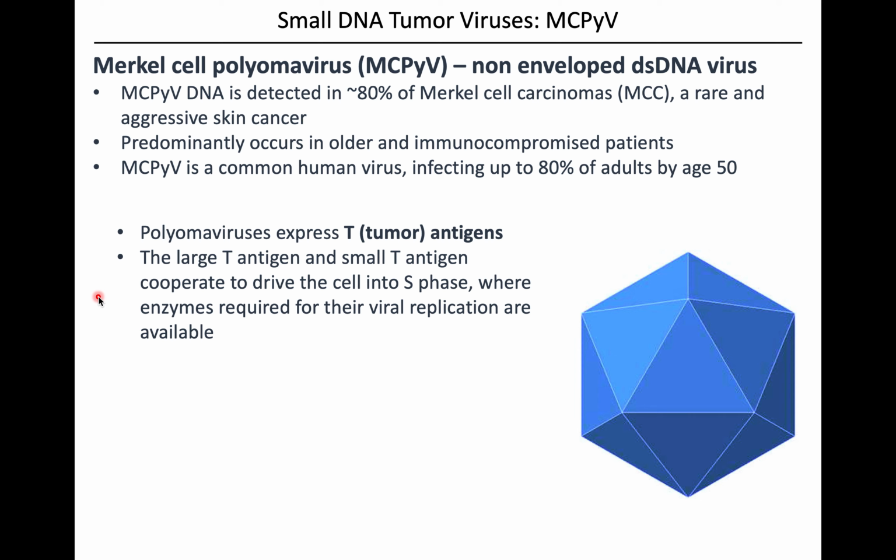So there would be some advantage to the virus to getting the cell into S phase, but that push past the checkpoint is believed to be enough to help push those cells towards cancer, especially in immunocompromised individuals.